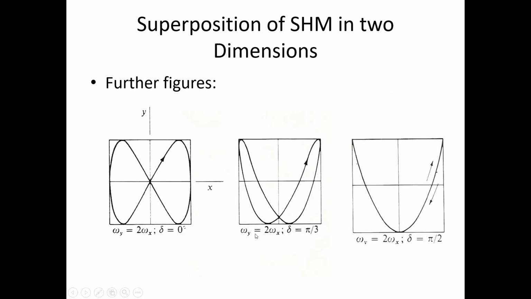So omega x over omega y is equal to the ratio of the number of points at which the figure touches the lines parallel to the y and x axis. You see here we have half, that is equal to the number of points touching the y-axis, that is 1, over the number of points touching the x-axis, that is 2. That's the relationship that you can use.